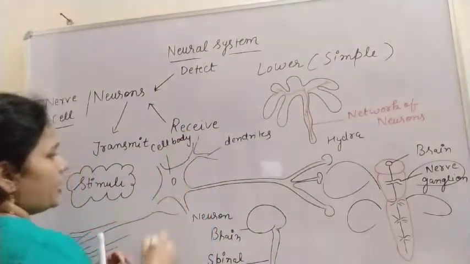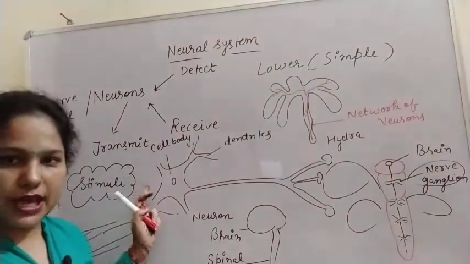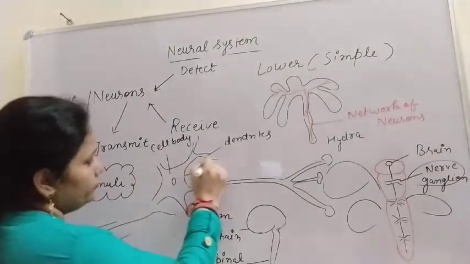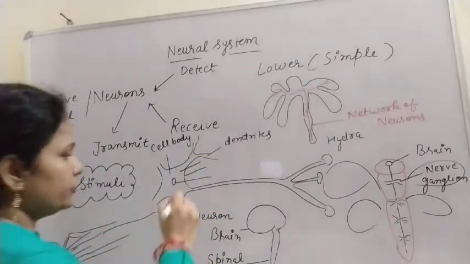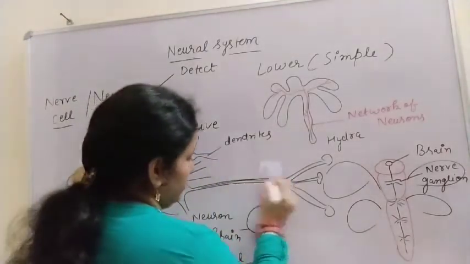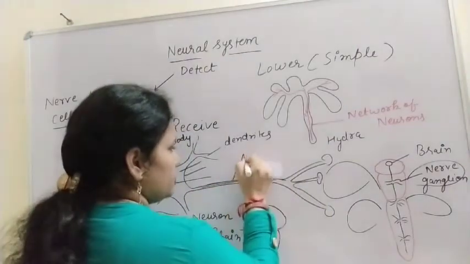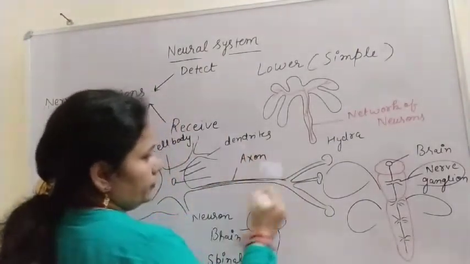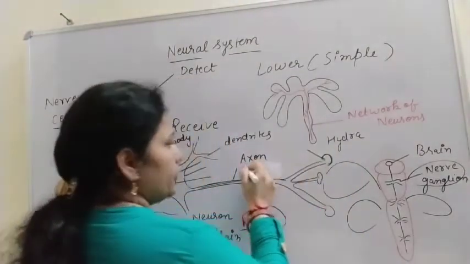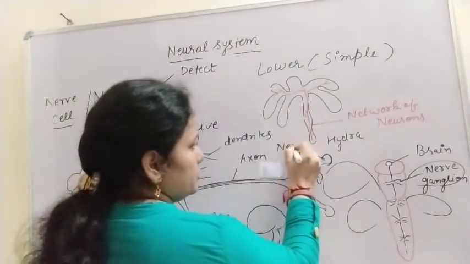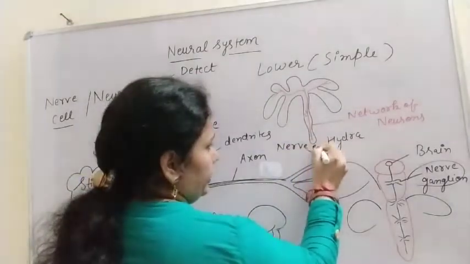This cell body is like a typical cell having the cell membrane, nucleus and cytoplasm, and the long fiber arising from this is the axon. These knob-like structures are part of the axon, known as nerve endings.